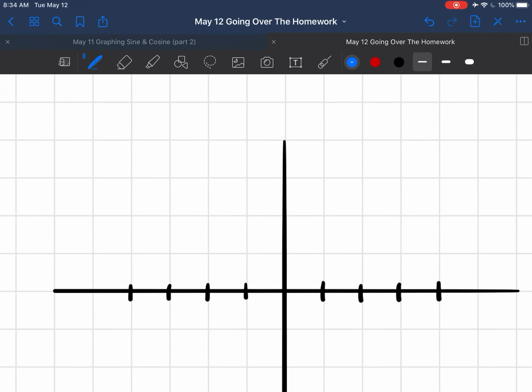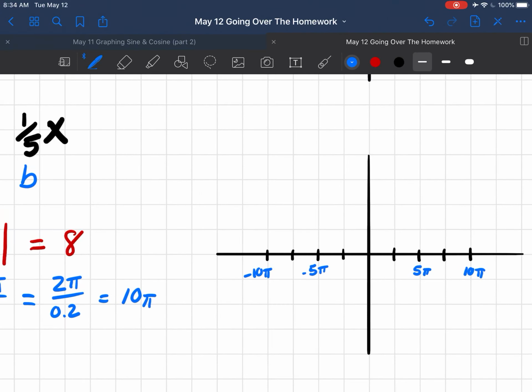So then 10 pi over here, negative 10 pi over here. Halfway between 0 and 10 pi is going to be 5 pi, and negative 5 pi on the other side. Then the amplitude was 8, so just put a mark all the way at the top, and let's call that 8. It would go way off the graph if I tried to actually count those, so I'm just going to call that 8 and negative 8. Easy.